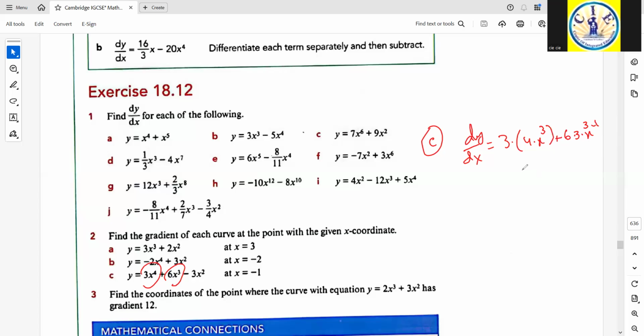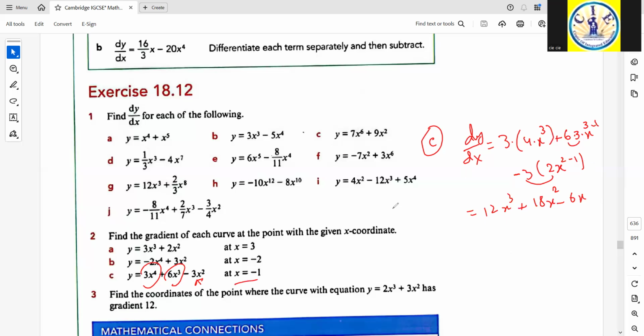And for the last term, 3 would remain as it is. And for x square, it is going to be 2x to the power 2 minus 1. Now simplifying them together, 12x raised to the power 3 plus 6 times 3, 18, x raised to the power 2, and then this will give us negative 6x.